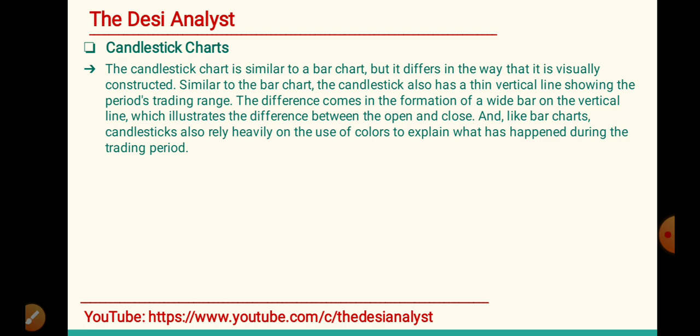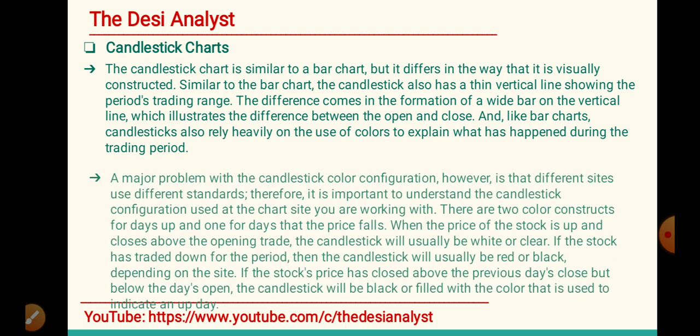And like bar charts, candlesticks also rely heavily on the use of colors to explain what has happened during the trading period. A major problem with the candlestick color configuration, however, is that different sites use different standards. Therefore, it is important to understand the candlestick configuration used at the chart site you are working with.